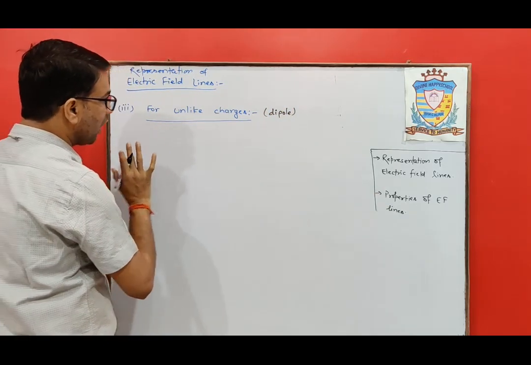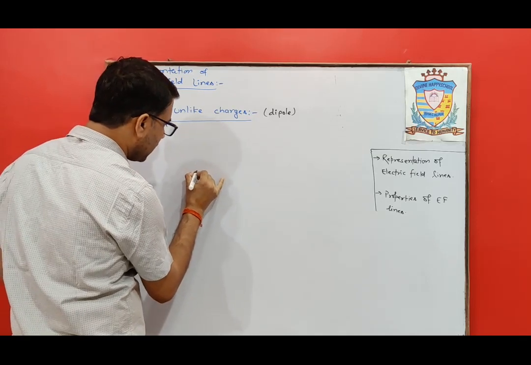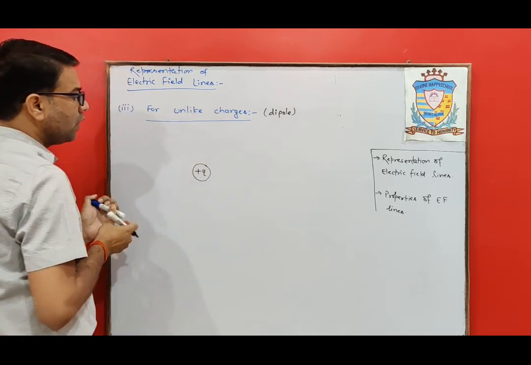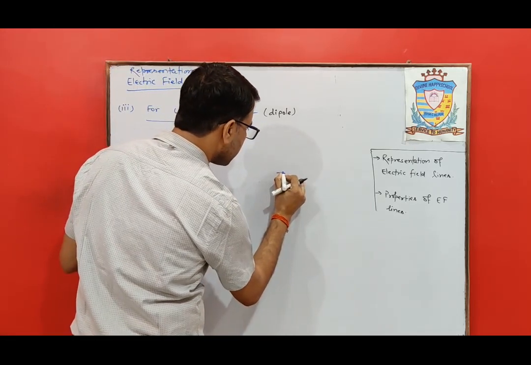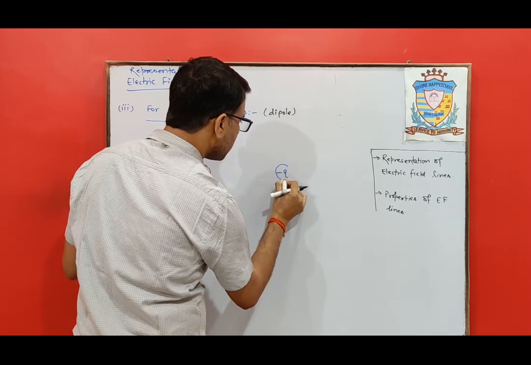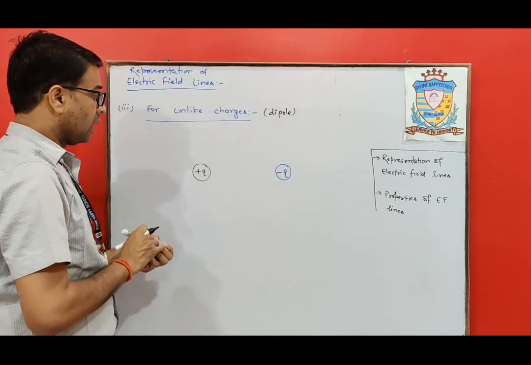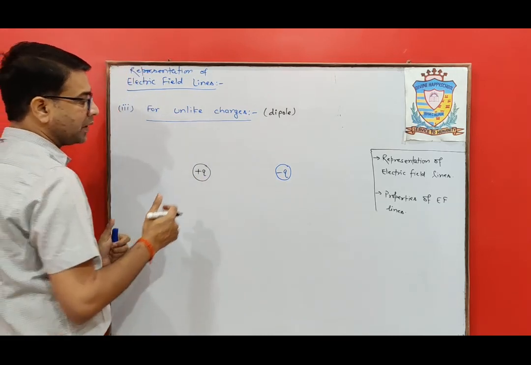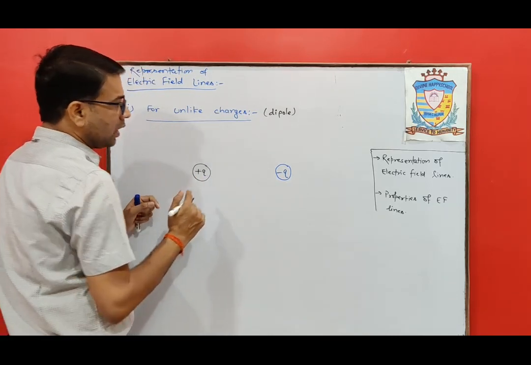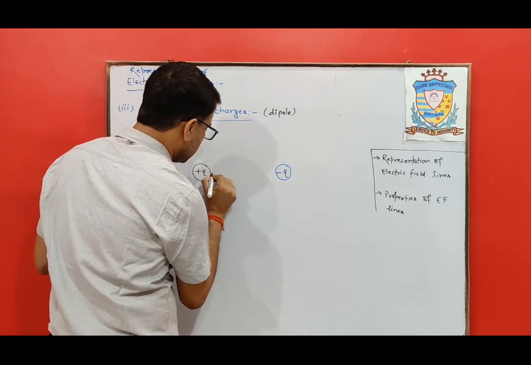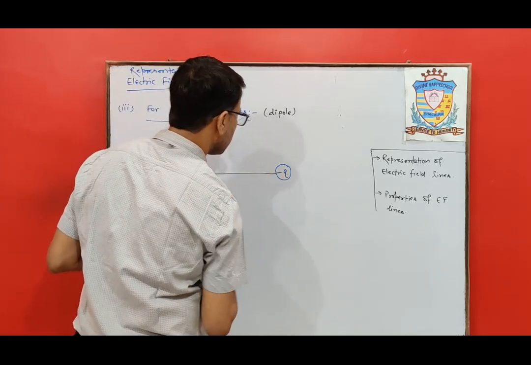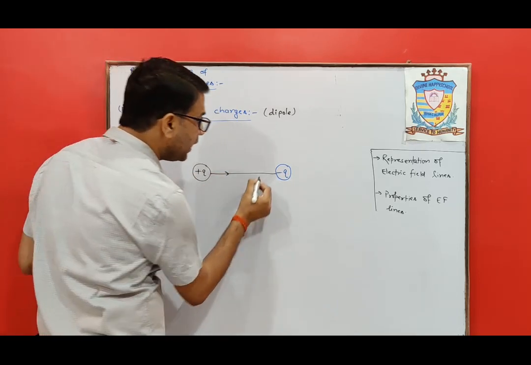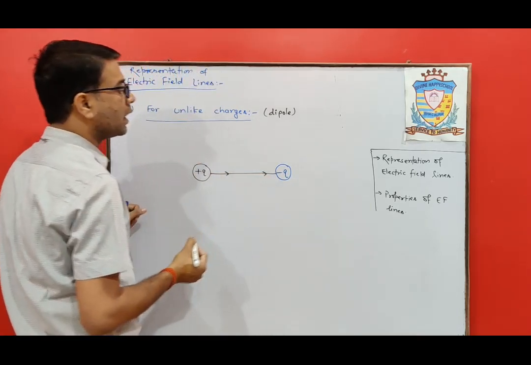So for unlike charges, that means a positive and a negative charge, what will happen? As we know, the field lines start from positive charge and terminate at negative charge.